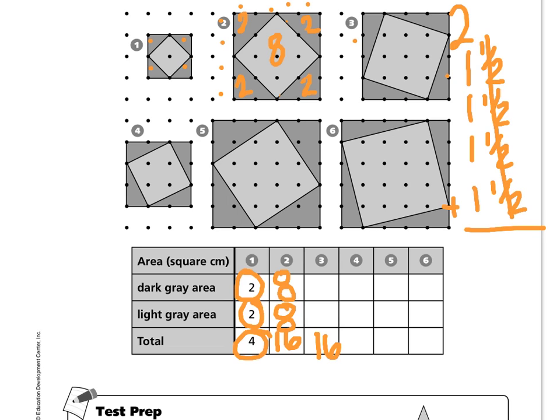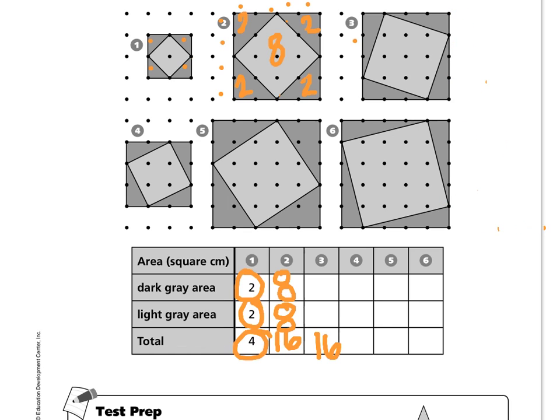So 2 plus 1 is 3, plus 1 more is 4, plus another 1 is 5, plus another 1 is 6. So I know that the dark triangles for number 3 have a total of 6 for the area. Now I can do 16 minus 6, and I know that I'm going to have 10 for the light gray, but you're going to want to check your work.